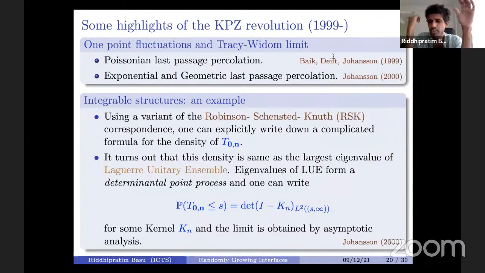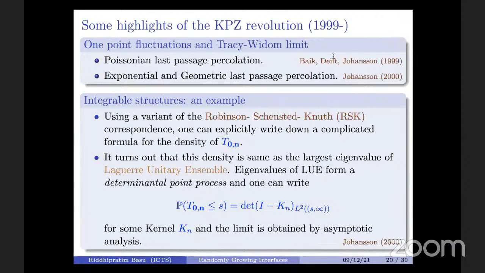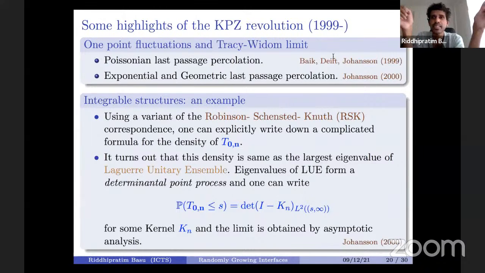The KPZ equation should be thought of as the scaling limit of positive temperature versions of this last passage percolation model. So these last passage percolation models, after taking appropriate scaling, converge to something called the KPZ fixed point. And then in another appropriate limit, the KPZ equation should also converge to the KPZ fixed point.